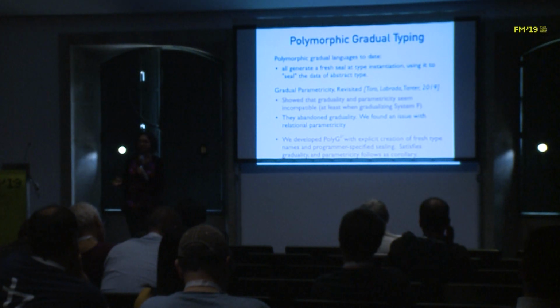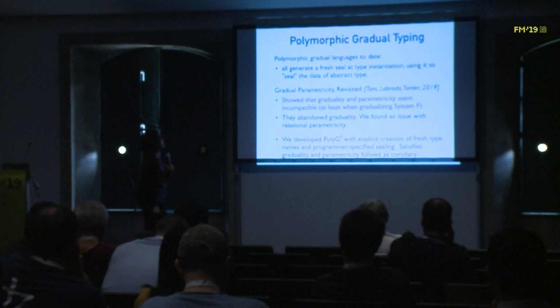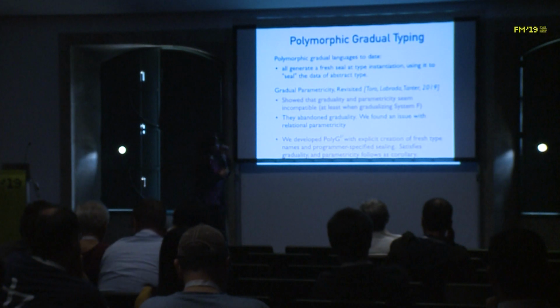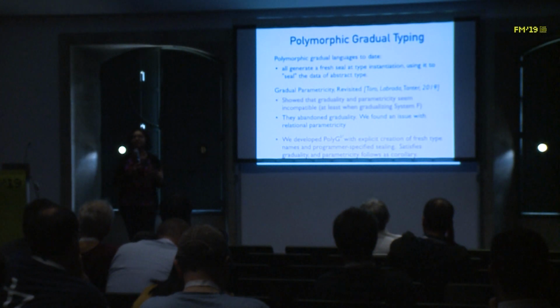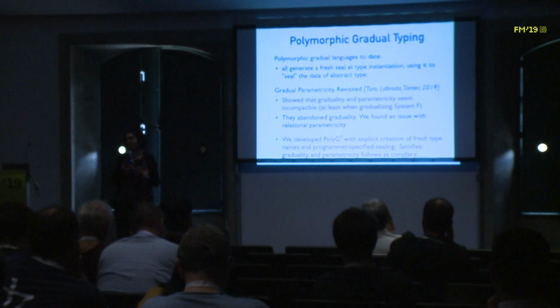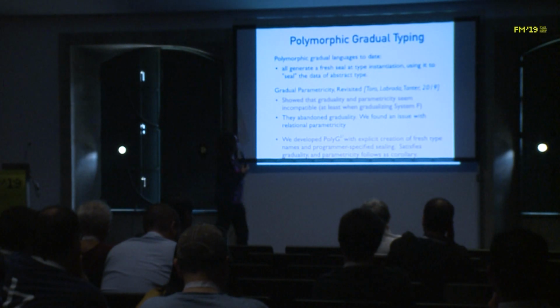I mean, they showed that it was incompatible in their language, which was a gradualized System F. Okay? Basically what they said then is that since they're incompatible, we're going to abandon the gradual guarantee. So they said if you want to develop a gradual System F, you have to abandon the gradual guarantee or the graduality property, and instead they just focused on proving parametricity.